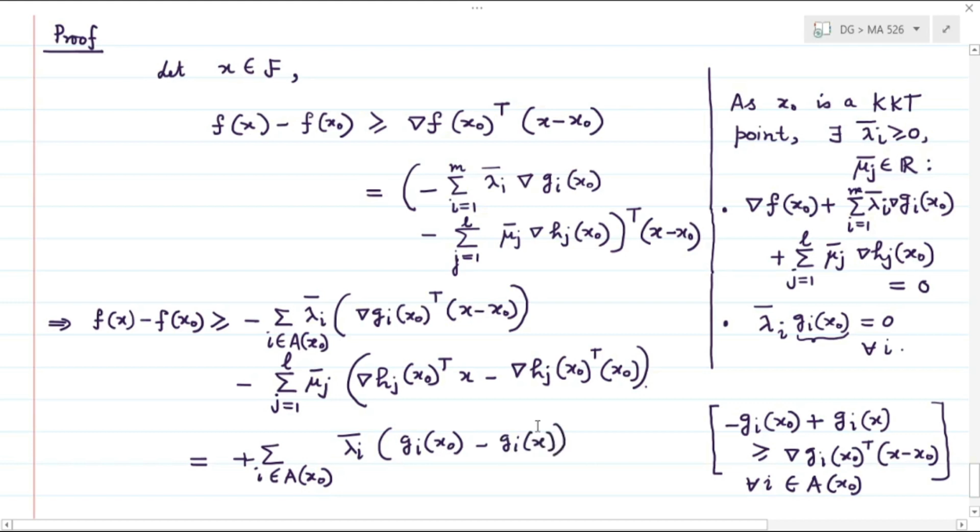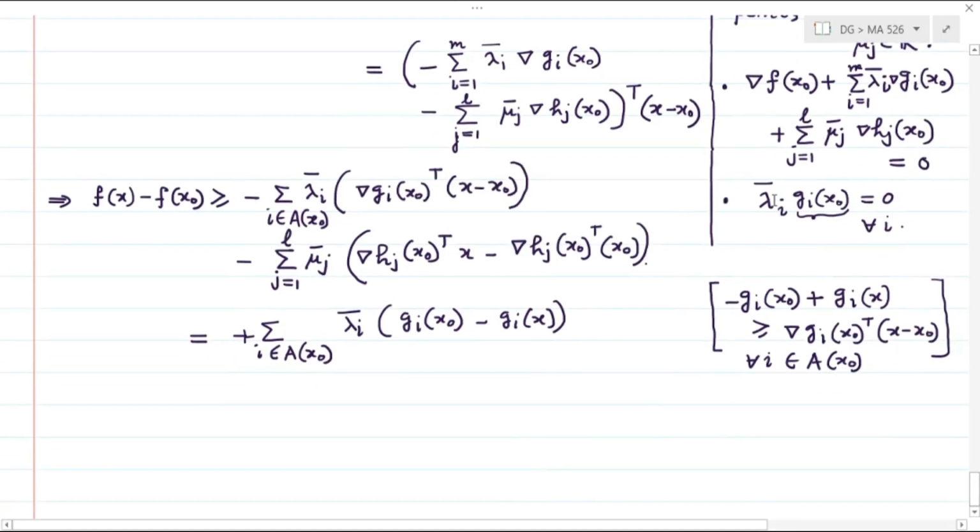Fine. And you have minus the sum over j equals 1 to L of mu j bar. What is the gradient of h_j? You will find that it is a_j transpose, and therefore you will have a_j transpose x minus a_j transpose x naught.